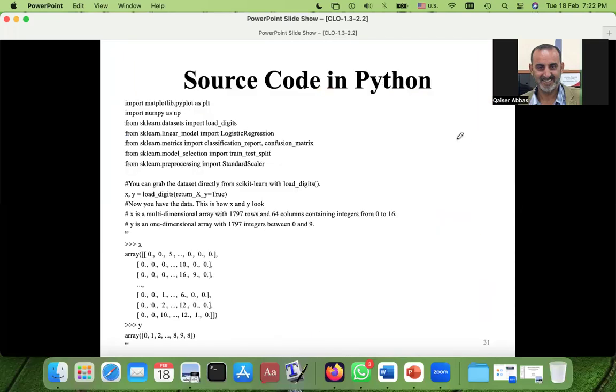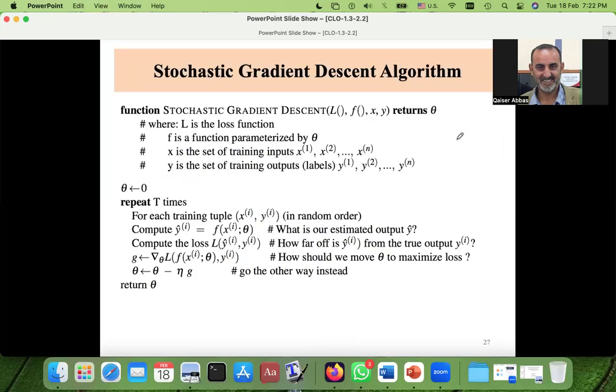So this is what we are computing, that loss, the third step. We are computing how much difference there is between the y cap and the y, which we have seen mathematically there. And then here, delta theta loss of f of xi, and this is y cap and then y.